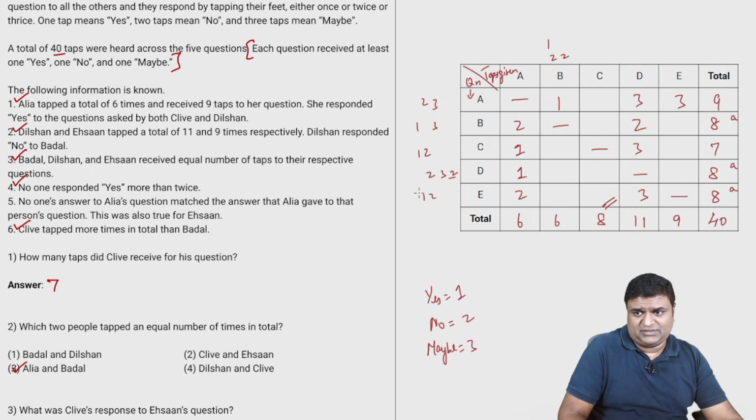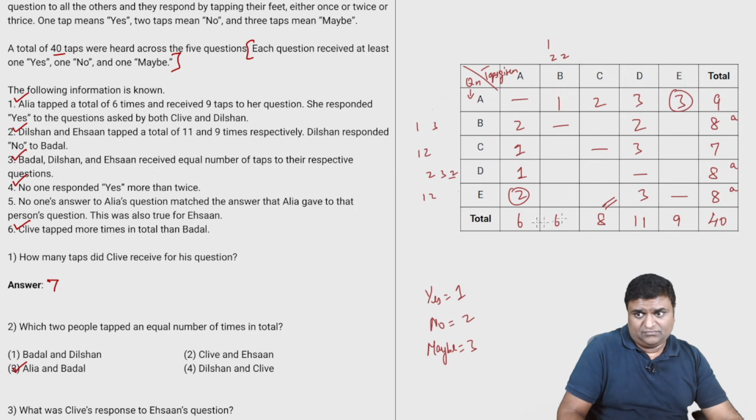So I can only put a 3. So therefore, I can say this 3 is done. And I'm left with 2. That's also done. But I still need to find this. Now the A part is done. But the clue actually continued. This was also true for E. Now, E, A combo and A, E are going to be different.